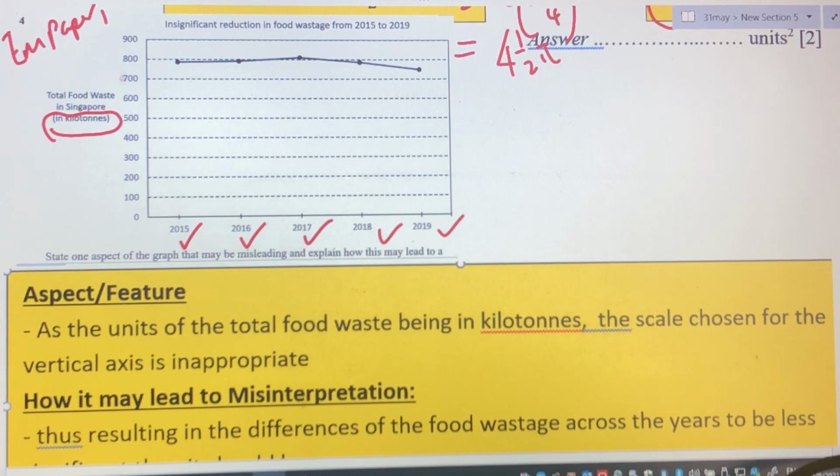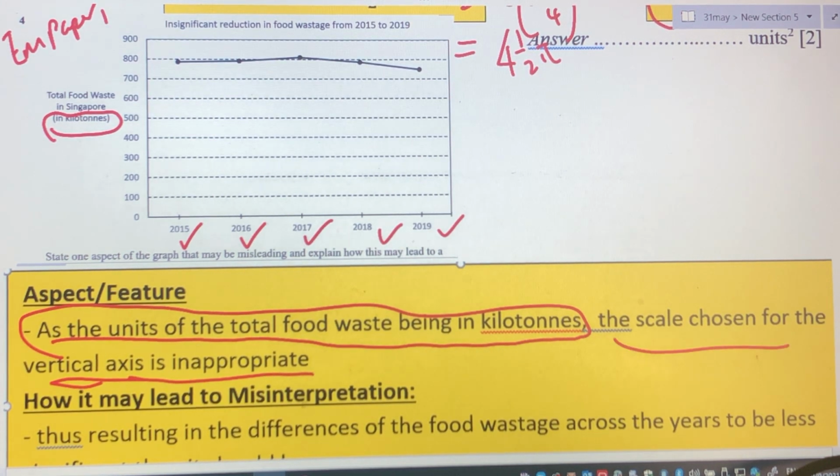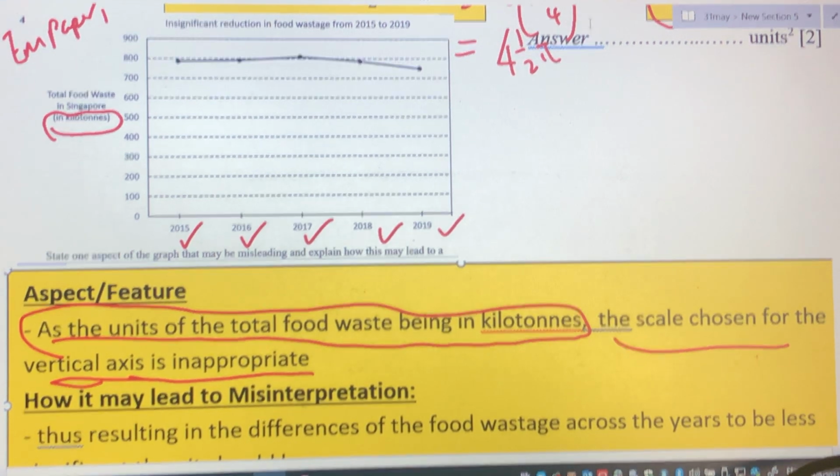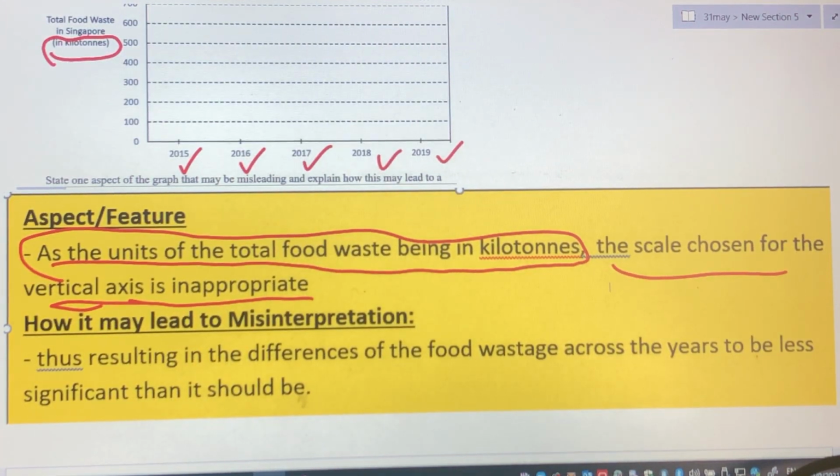But you see, because this is in kilotons, so the units is in kilotons. So the scale that's being chosen for the vertical axis is inappropriate. Because it's just like that, then you would think that not much difference. So the thing about misleading graph is you must always state the aspect that is misleading.